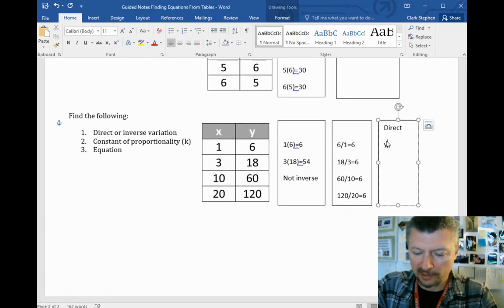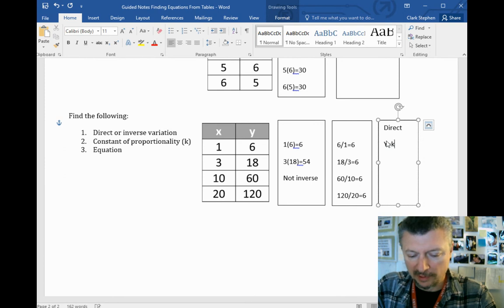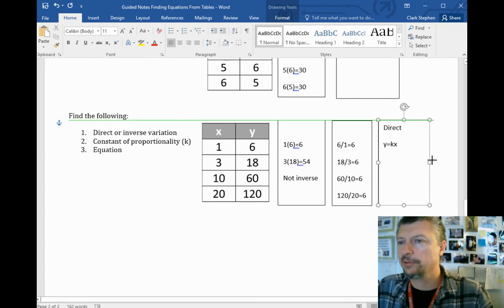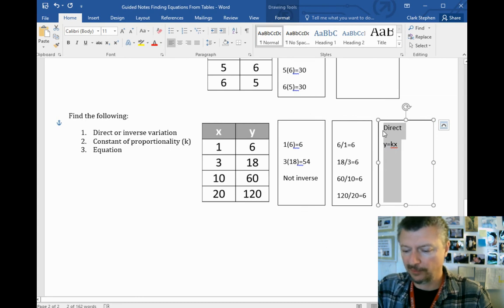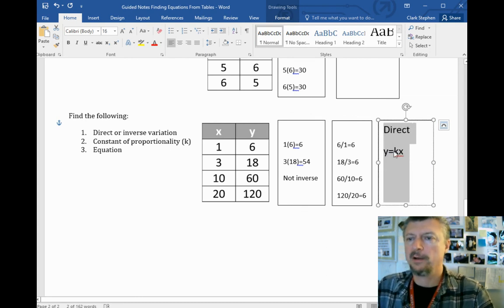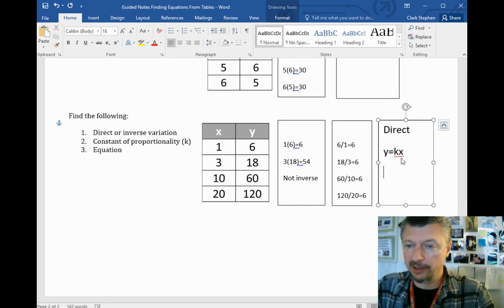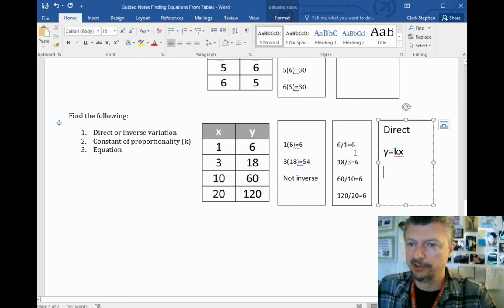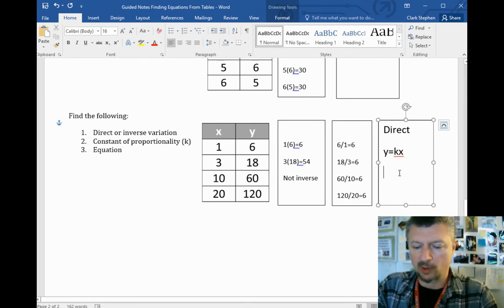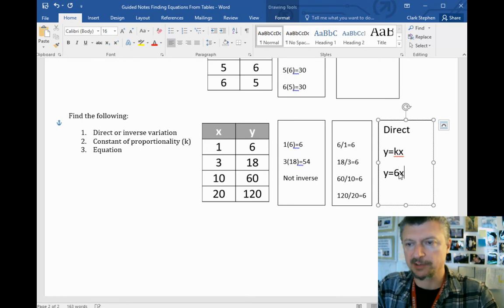So we have y equals k times x. Capitalize. Y equals k times x. A little bigger for you so everybody can see it. Hopefully. All right, and we found k, and you might know what it is. It's 6. So y equals 6x.